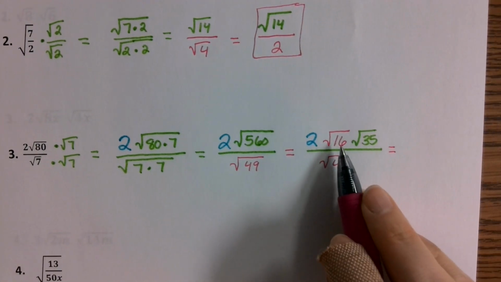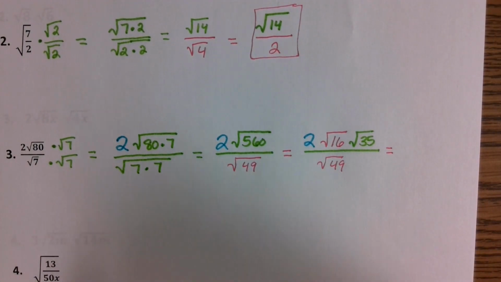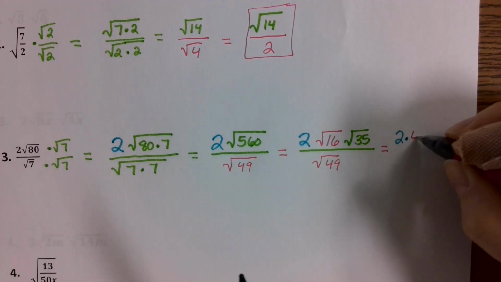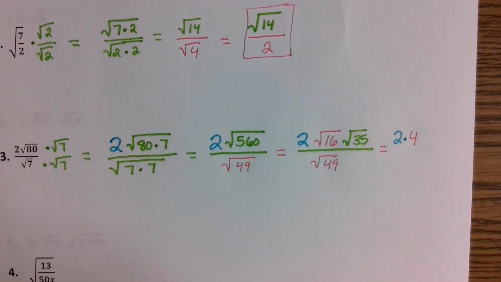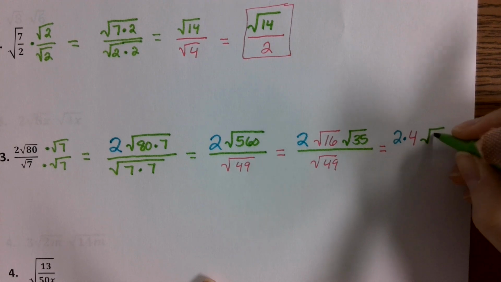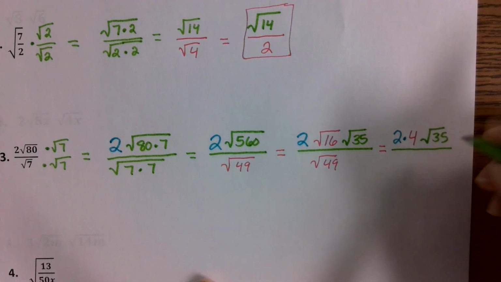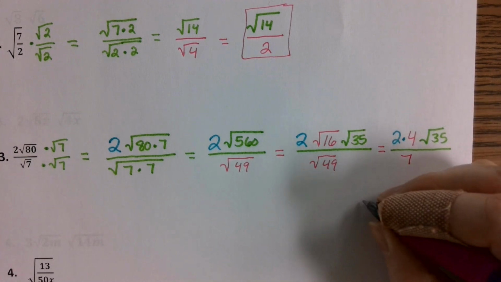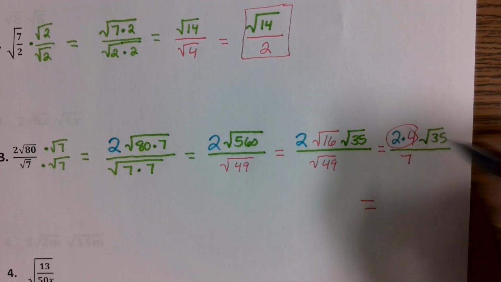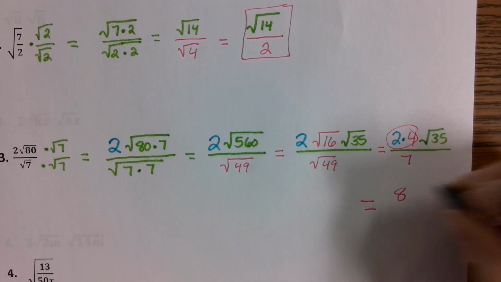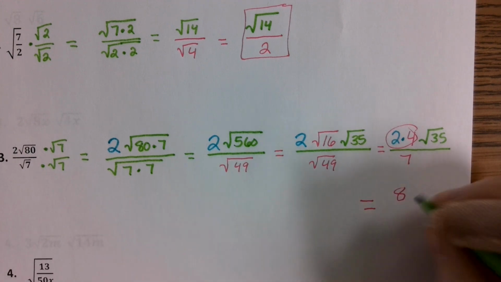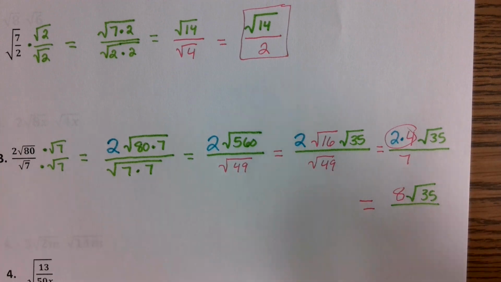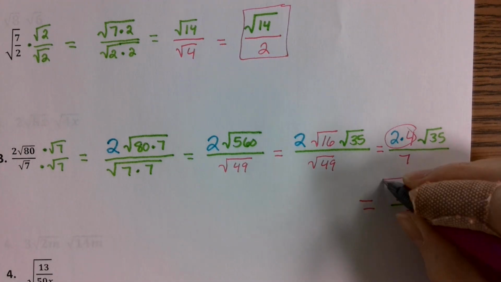Okay, when I take the square root of 16, that gives me a 4. So I now have 2 times 4 on the outside and square root of 35. All of it over square root of 49, which is 7. Now the 2 times 4, that's going to come out to an 8. So I get 8 square root of 35 over 7. And that's my final answer.